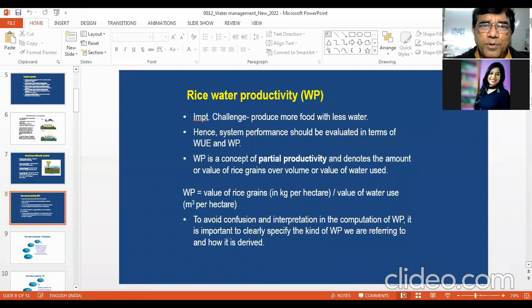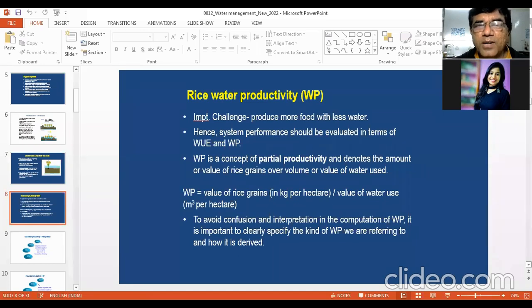Now come to rice productivity or rice water productivity. Many times we get confused about water productivity and water use efficiency. Water productivity is a very big term, and water use efficiency is part of water productivity. Water productivity in simpler terms is the productivity of water. We have applied a certain quantity of water, and how much is that quantity of water producing.